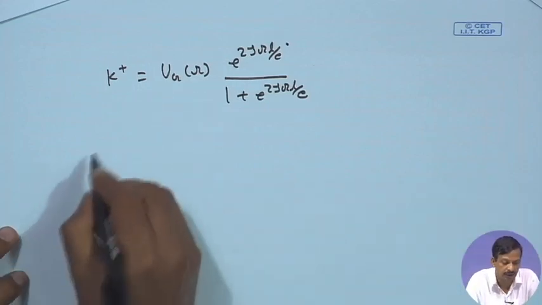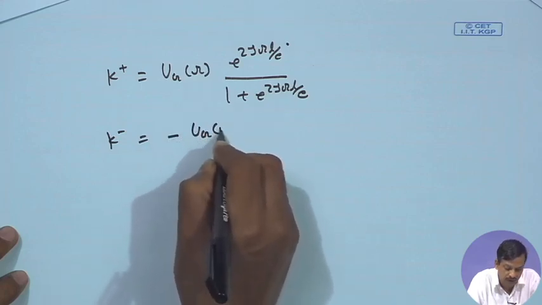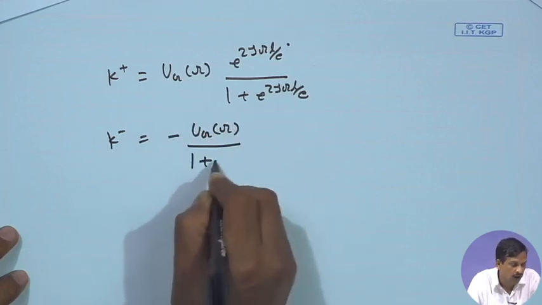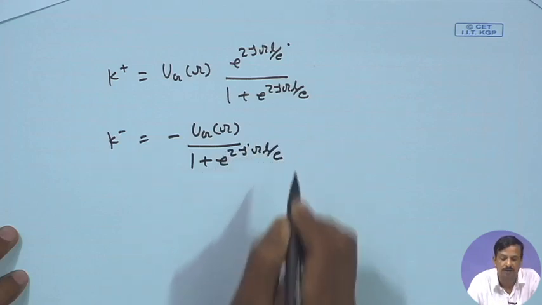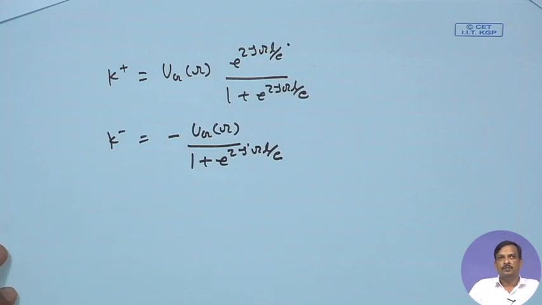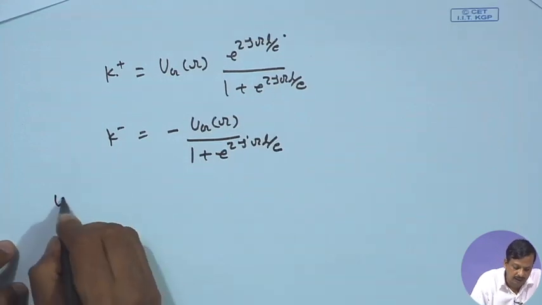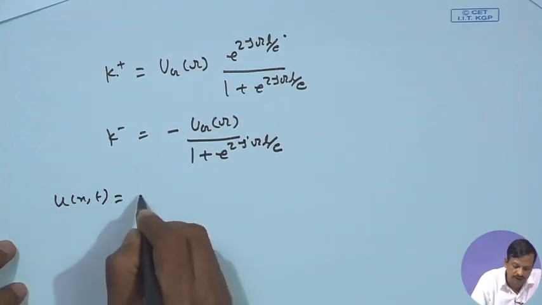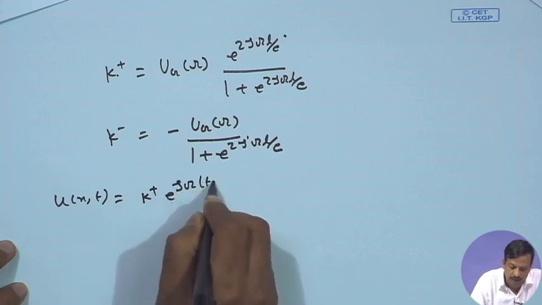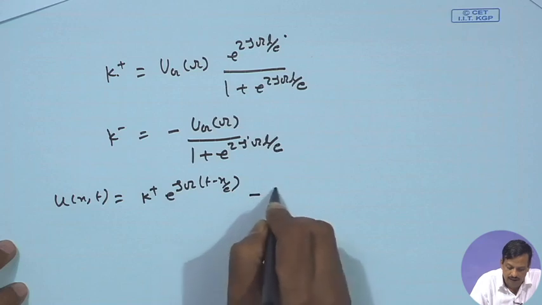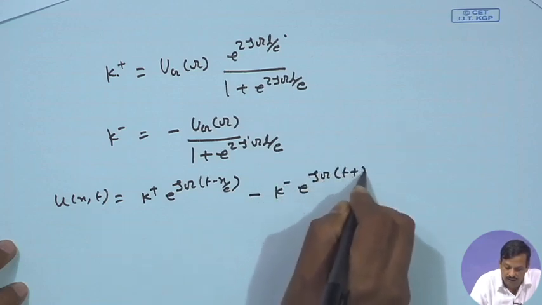This is k plus, and k minus will be minus u g omega divided by 1 plus e to the power 2 j omega L by c. Once I know k plus and k minus, then I can write down u x t. u x t is nothing but k plus e to the power j omega (t minus x by c) minus k minus e to the power j omega (t plus x by c).